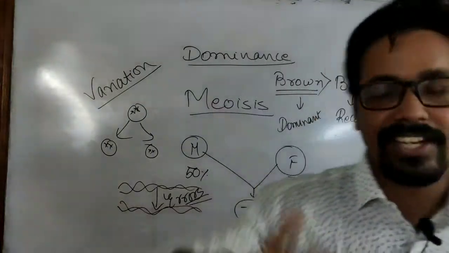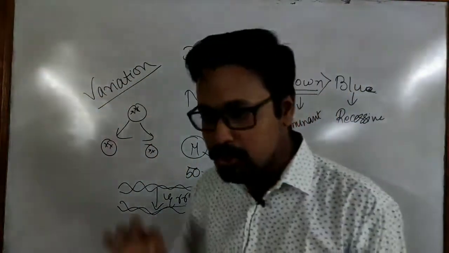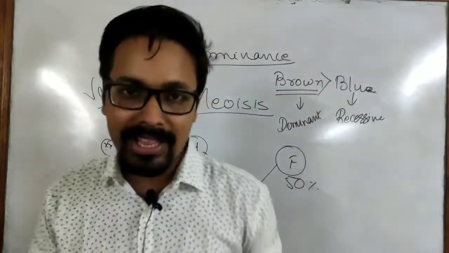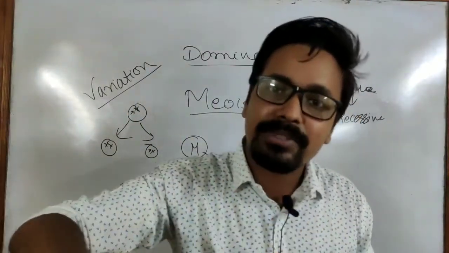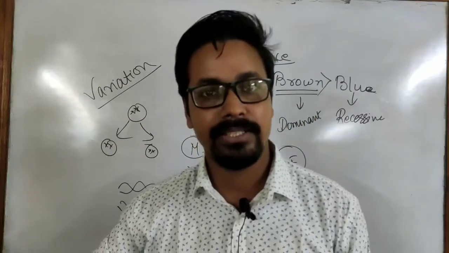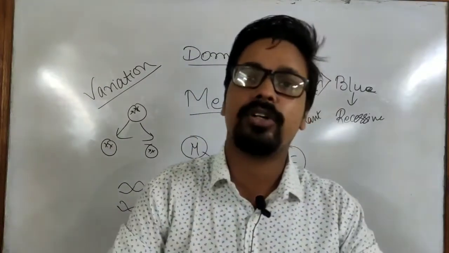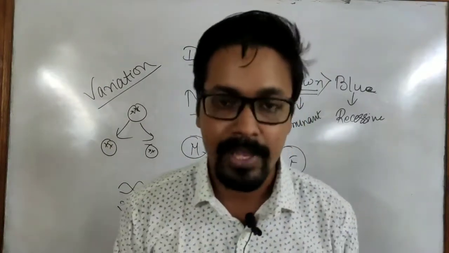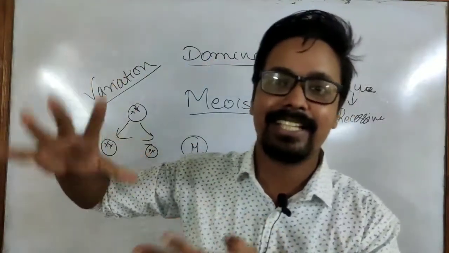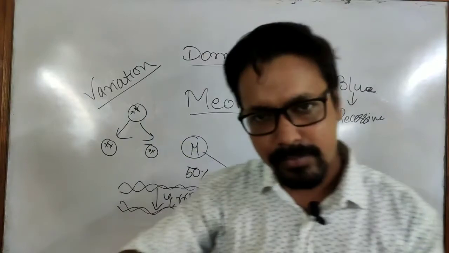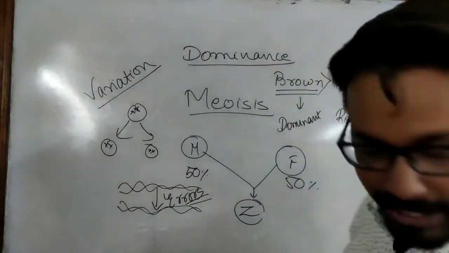Now, why did I say this variation is important for evolution? Evolution means when there is one organism and after thousands of years that organism changes to something else. That is evolution. For example, let's consider human evolution. The first organisms which we considered as our family of human evolution were Homo naledi.